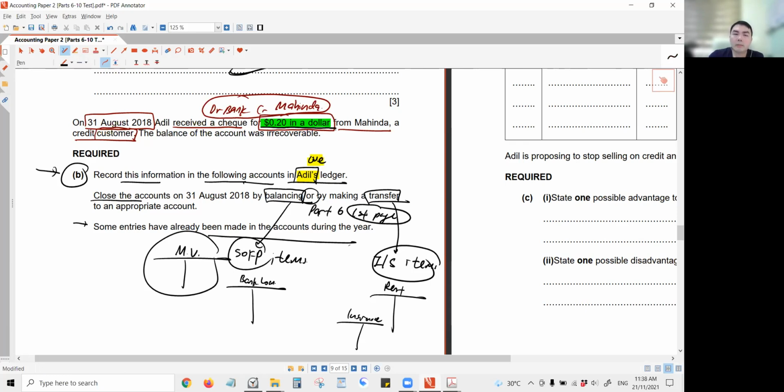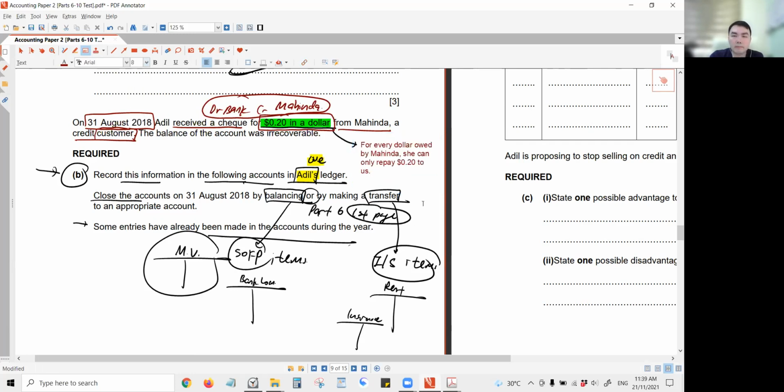20 cents in a dollar means, let's write down together, the meaning of it: for every dollar owed by Mahinda, she can only repay 20 cents to us.